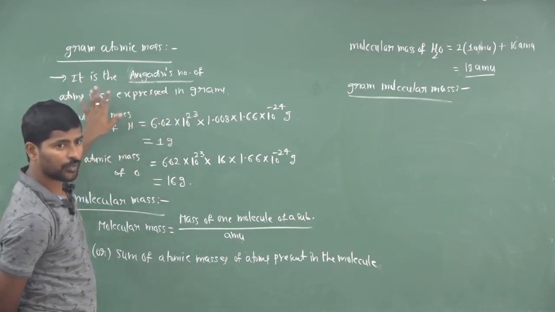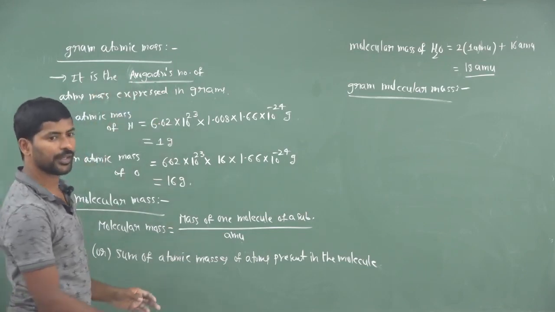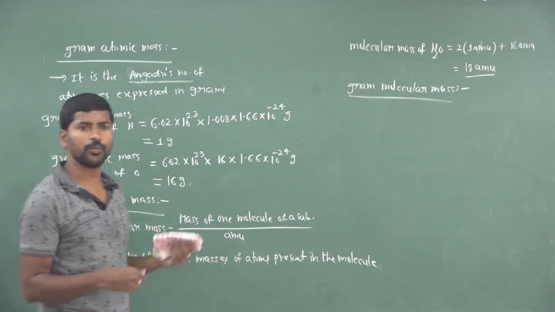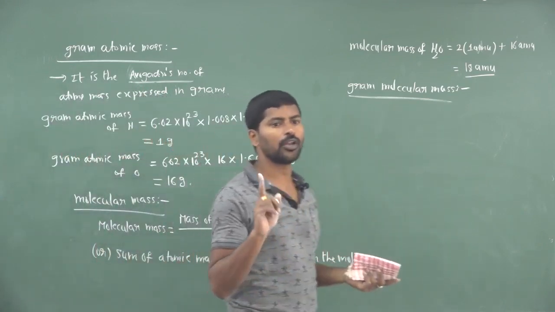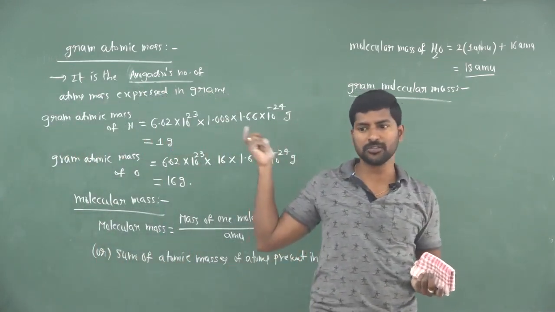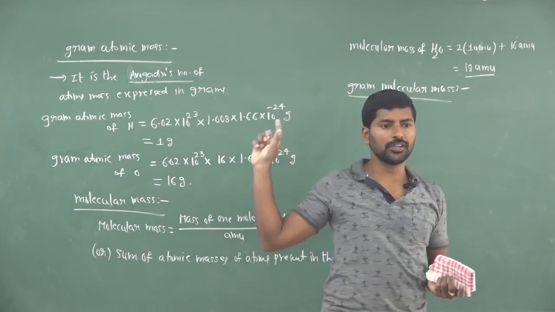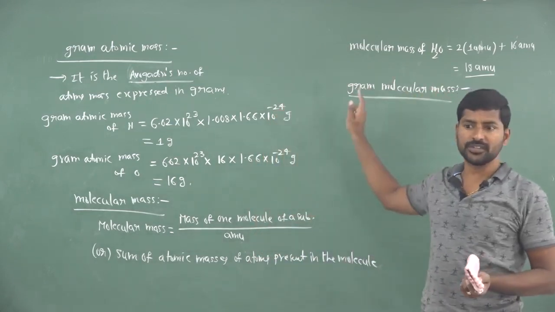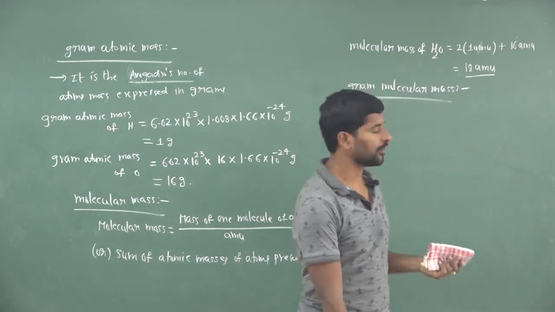Avogadro number of molecules means how many moles of molecules? 1 mole of molecules. So 1 mole of molecules mass is called gram molecular mass.